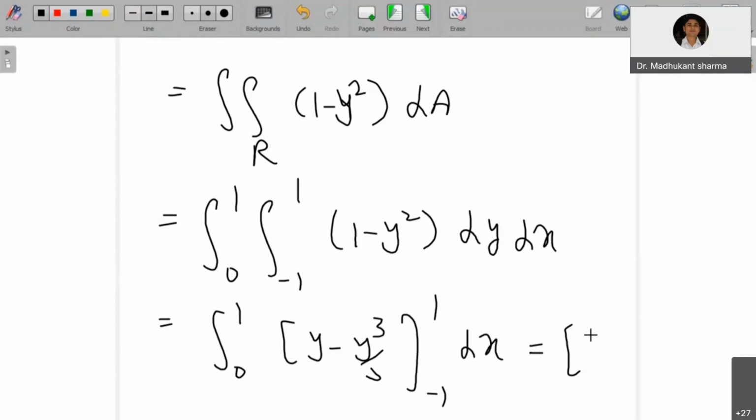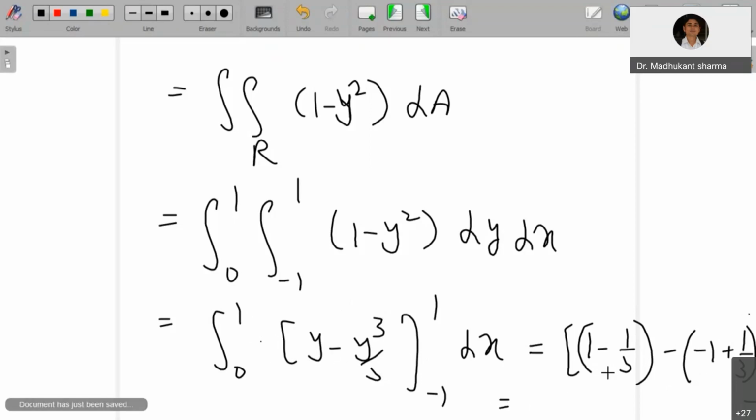The upper limit gives you 1 minus 1 by 3. The lower limit gives you minus 1, minus minus plus, so minus 1 plus 1 by 3. And the integration of dx is x, because it's a constant, so upper limit minus lower limit contributes only 1. So this is 2 by 3 plus 2 by 3, so it's going to be 4 by 3.